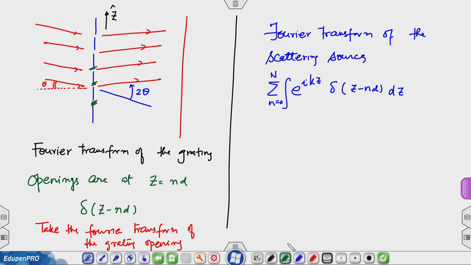So, this comes out to be equal to summation n equals 0 to n e raised to i k n d, where k is in the same direction as z. So, let me make that here. Here is k.